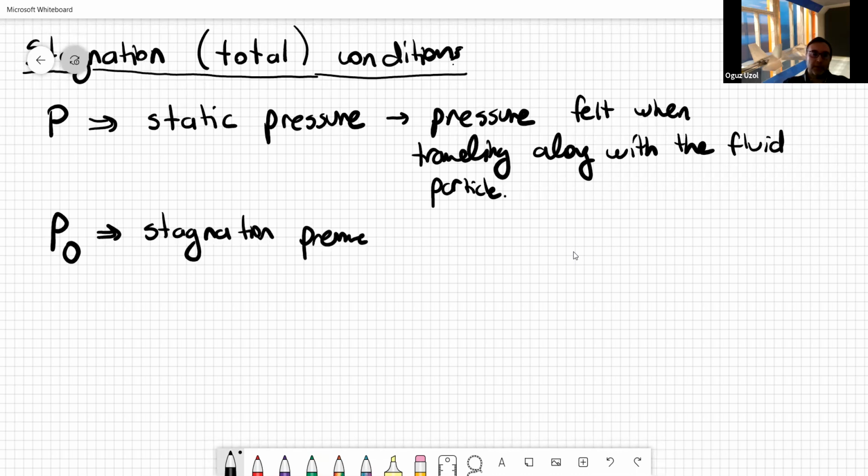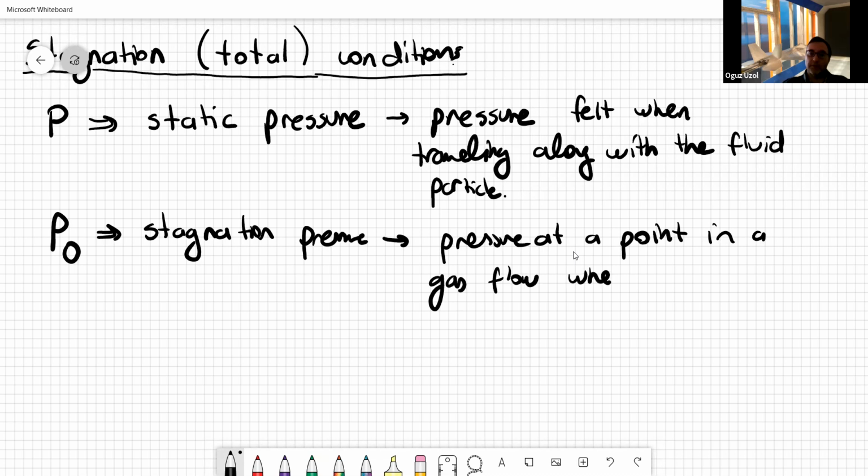And stagnation pressure is the pressure at a point in a gas flow where velocity becomes zero. I mean, you know that velocity becomes zero at, for example, stagnation points, right?